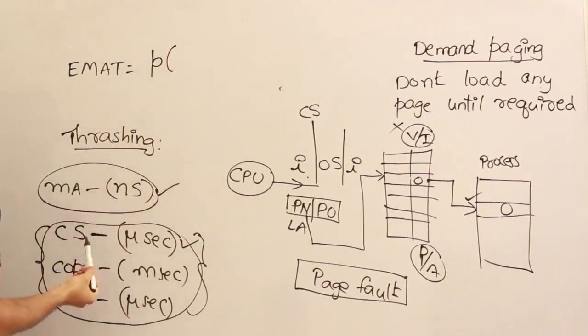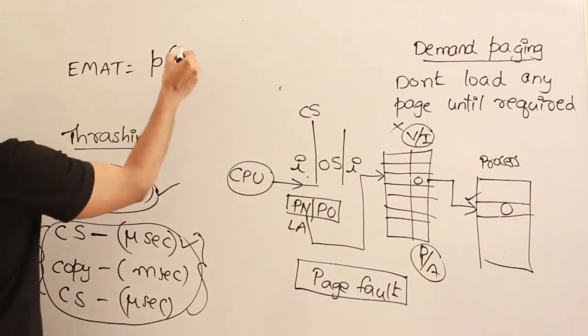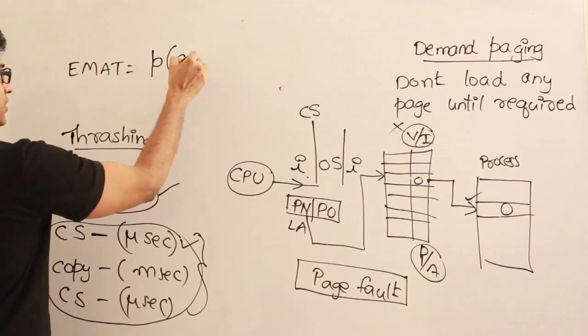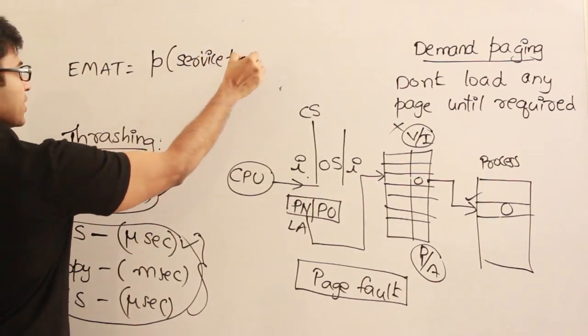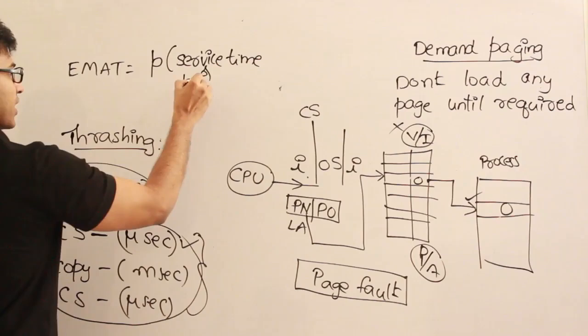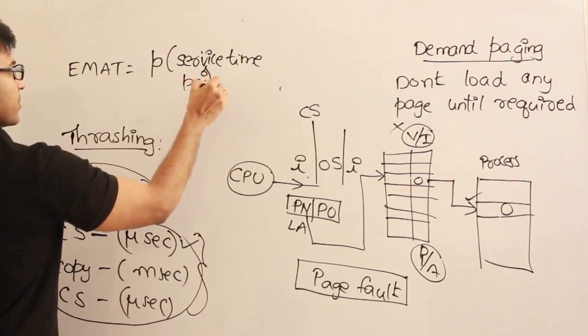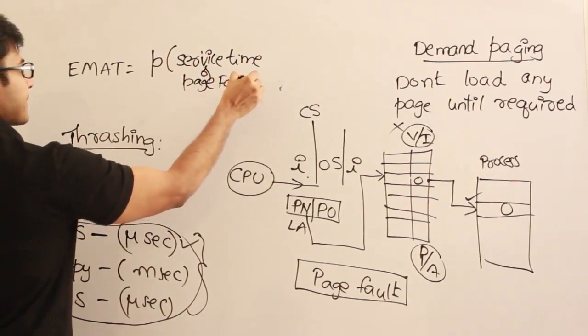Then the effective memory access time is going to be P into service time. Service time is also called page fault time.